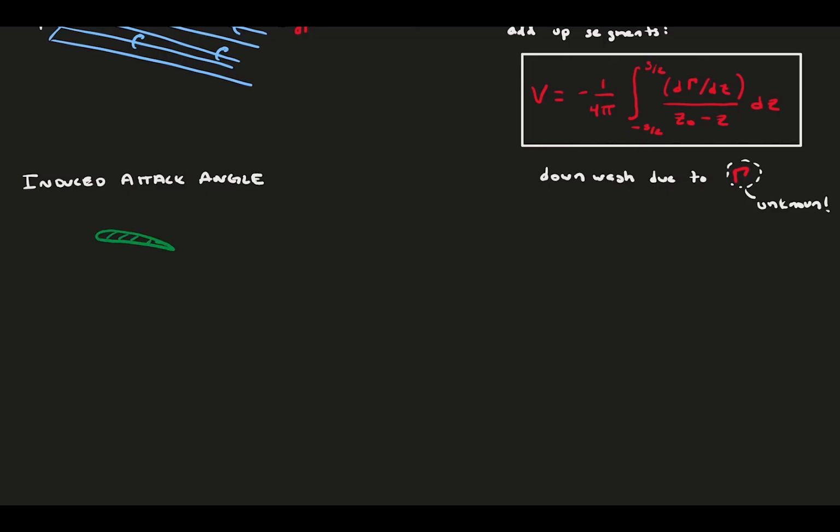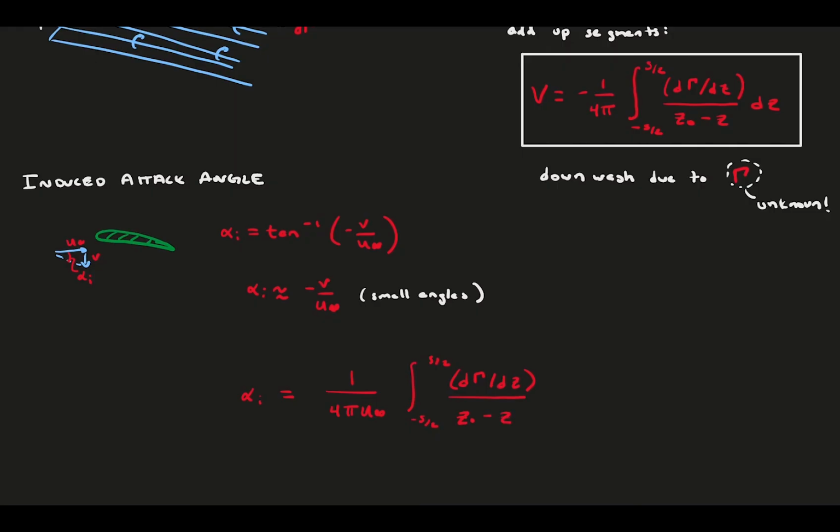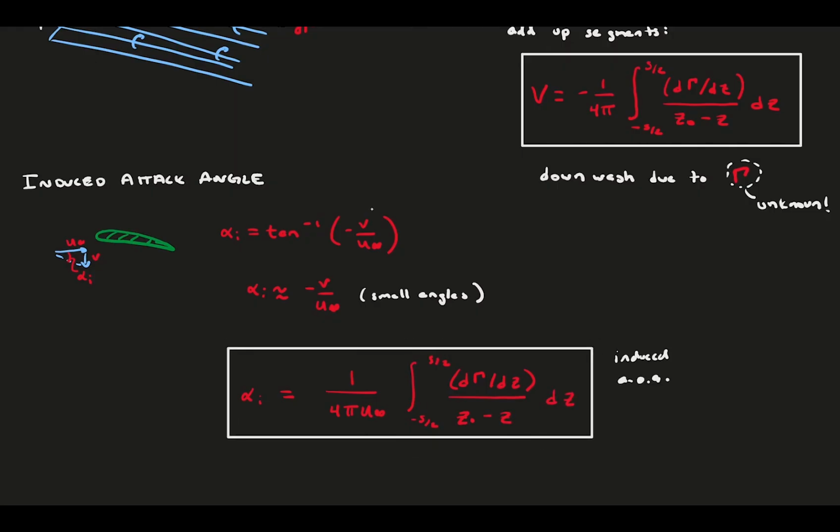Remember, this alpha sub I is the shifted angle of attack due to the new downwash. If we assume small angles, the induced angle of attack is just the negative of the downwash divided by the free stream velocity. Plugging our v expression into this gets a similar expression for the induced angle of attack due to the downwash distribution. And, like before, we still don't know gamma.